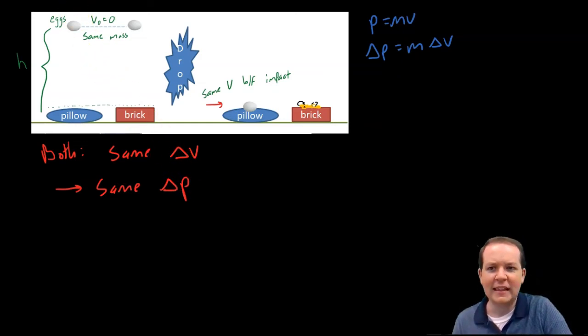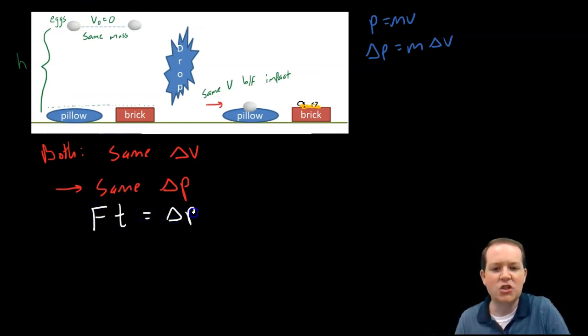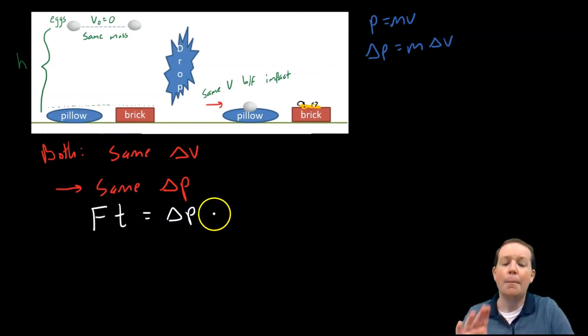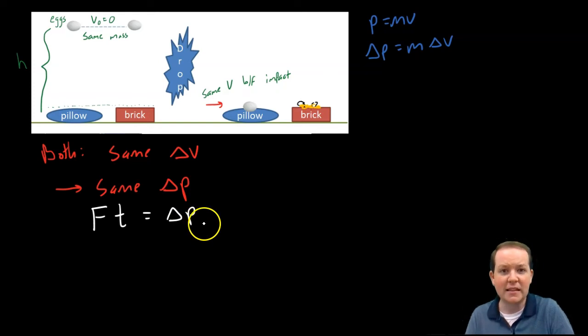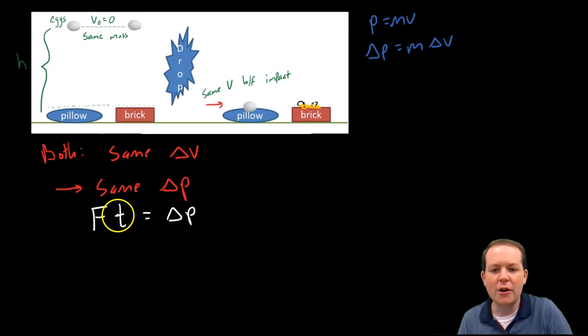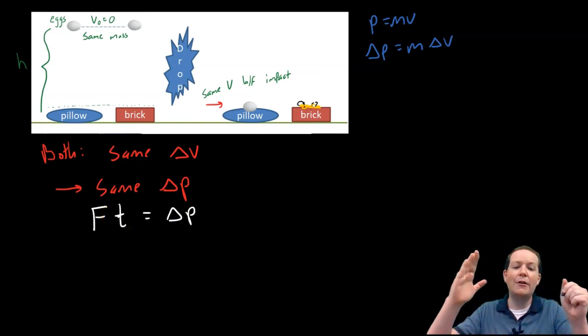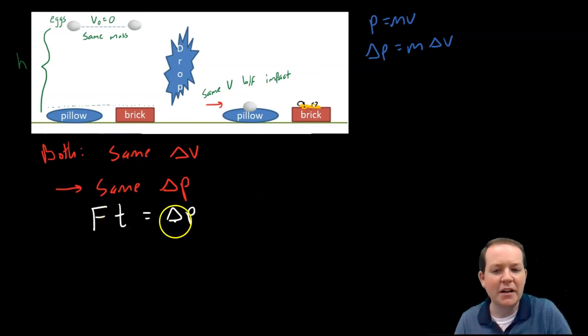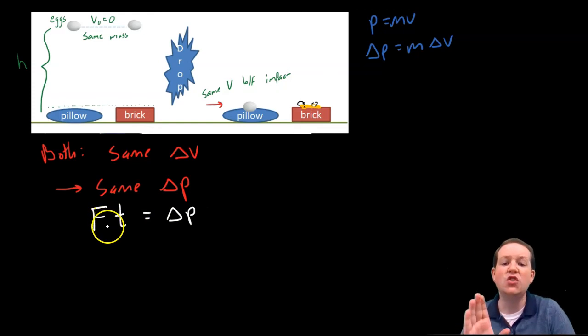Okay, let's now remember the impulse equation: force multiplied by time is the change in momentum. Both objects have the same change in momentum. So what does that mean? If one scenario takes a larger amount of time, it must also be applying a smaller amount of total force.